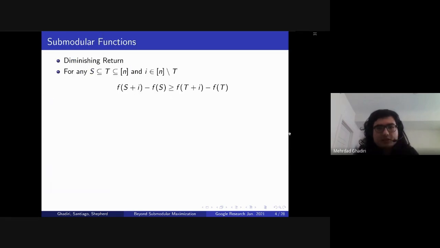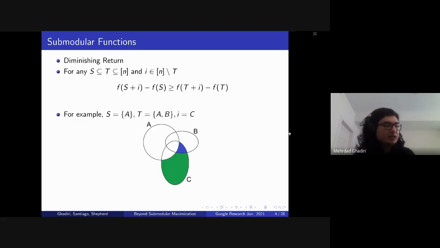So we start from submodular functions. Basically, submodular functions are set functions that have this diminishing return property. It means that the marginal gain of adding an element is decreasing. One example to understand these functions better is coverage functions. As you can see in this picture, let's say we define a function on these three shapes, and the value of the function is the area covered by the union of those shapes.